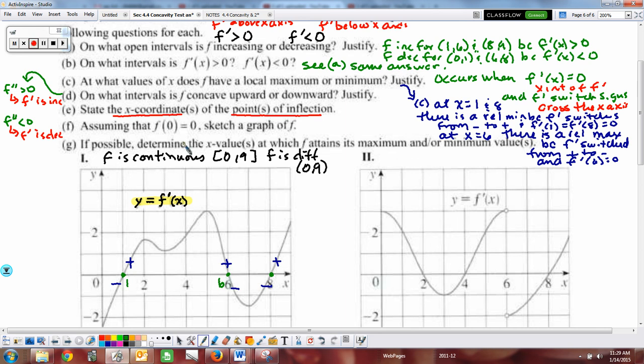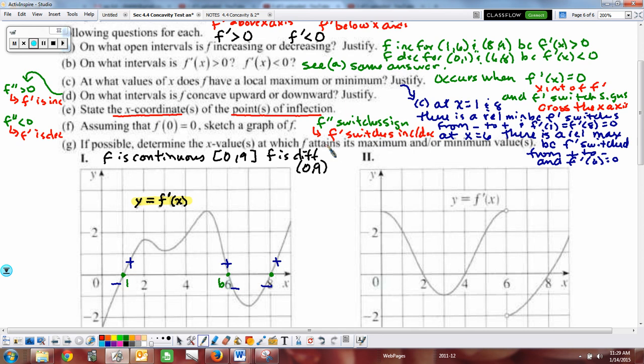So since we don't have a picture of the second derivative switching signs, what we're going to do is look at the graph and look at where the derivative switches increasing, decreasing, or vice versa. It doesn't matter in this case. Okay?